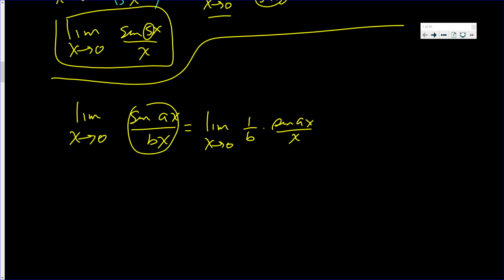Now, I can multiply the bottom by a, and that's perfect for this. But then I better multiply the top by a. Make this legit. We have the limit as x goes to 0 of a over b, times the sine of ax over ax.